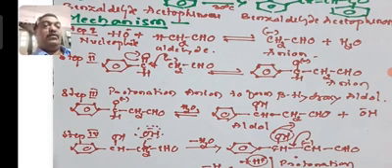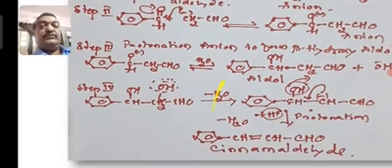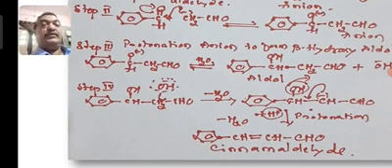Okay, this intermediate product is like an aldol. And here the OH minus is attached to the carbon, C6H5 CHOH CH minus and CHO.